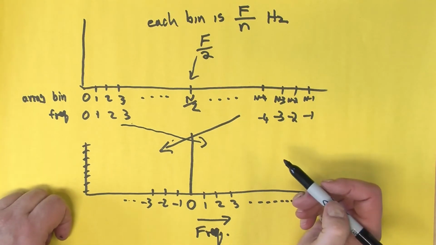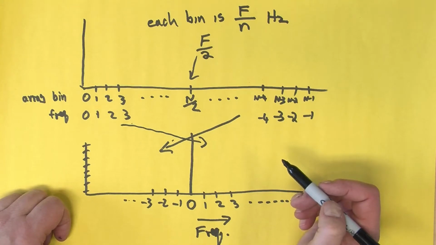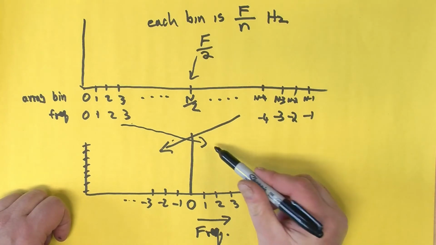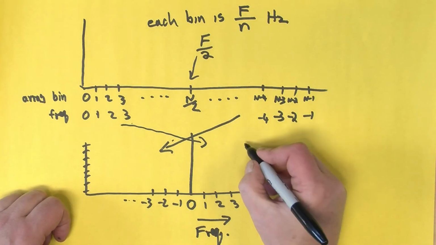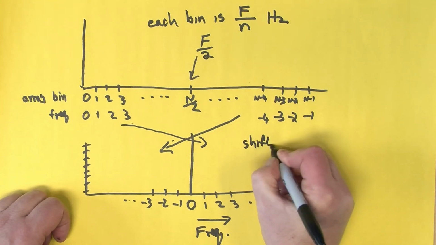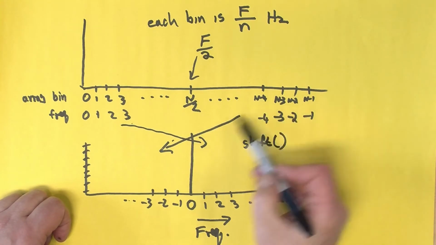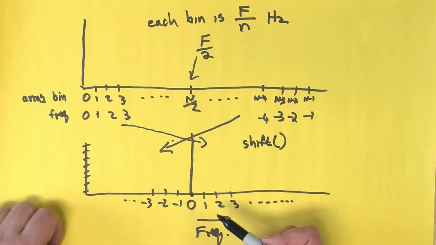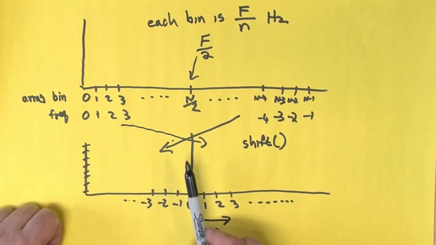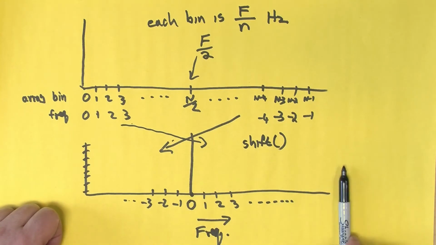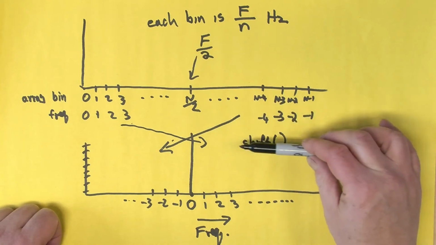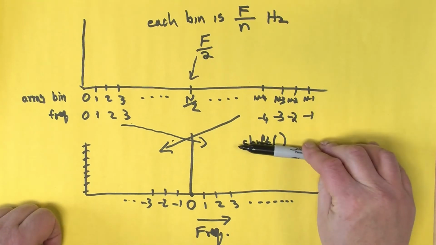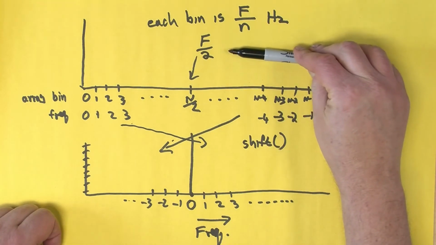And many FFT algorithms have some sort of a function called something like shift, which in fact does this shifting so that we now get our zero frequency in the middle, our minuses on the left, and our positives on the right. And you might ask, well, if we have this function to do it, why doesn't the FFT do that in the first place?